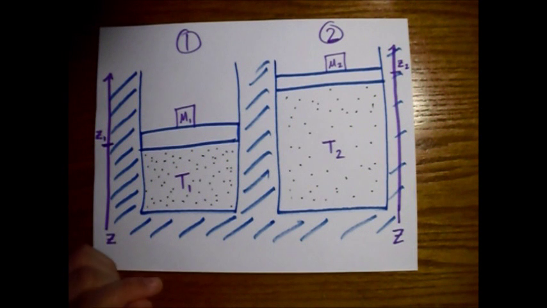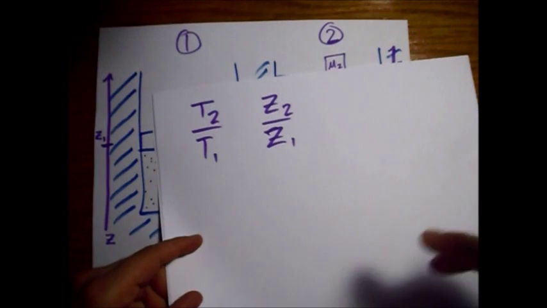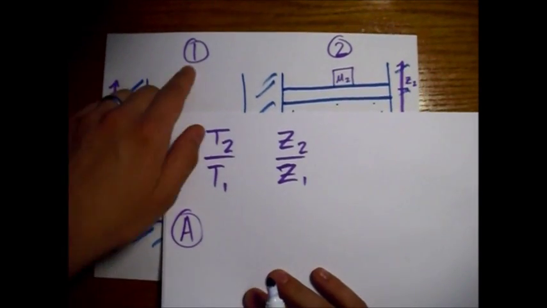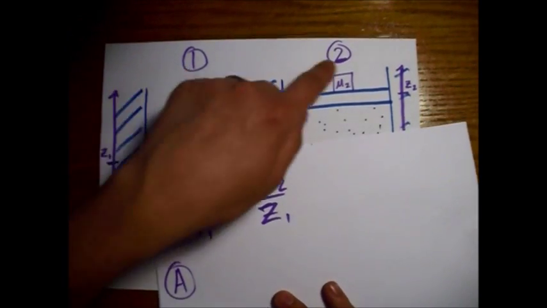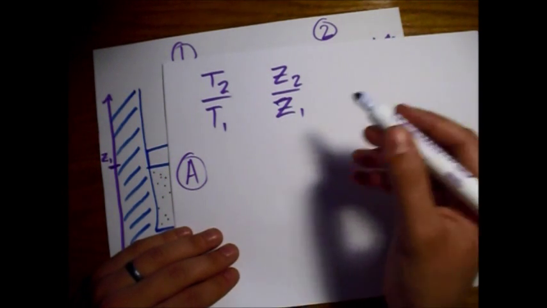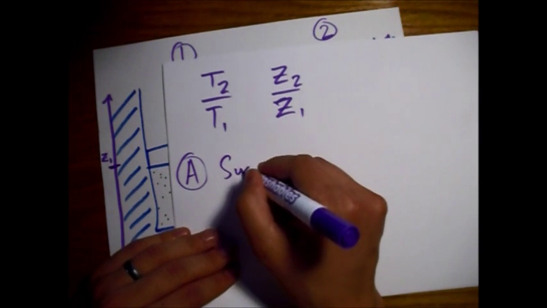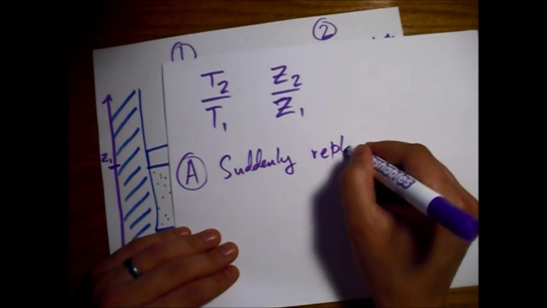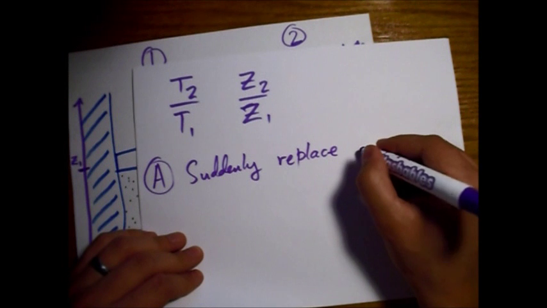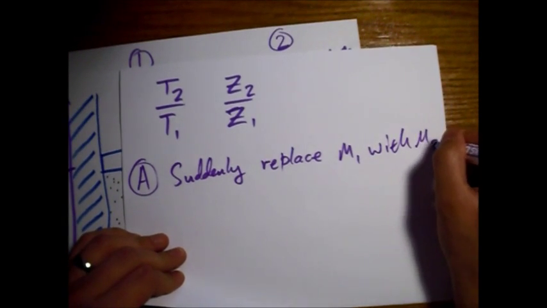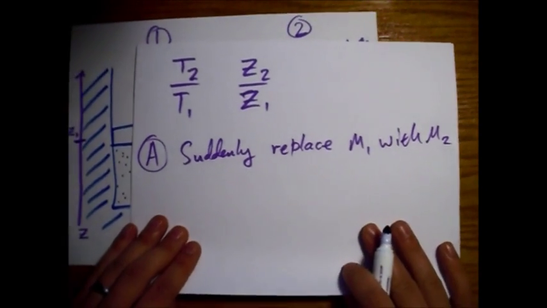So we're going to use conservation of energy for the first part. So we don't get confused with situation 1 and 2, we are going to just call this first one situation A. So we suddenly replace M1 with M2.